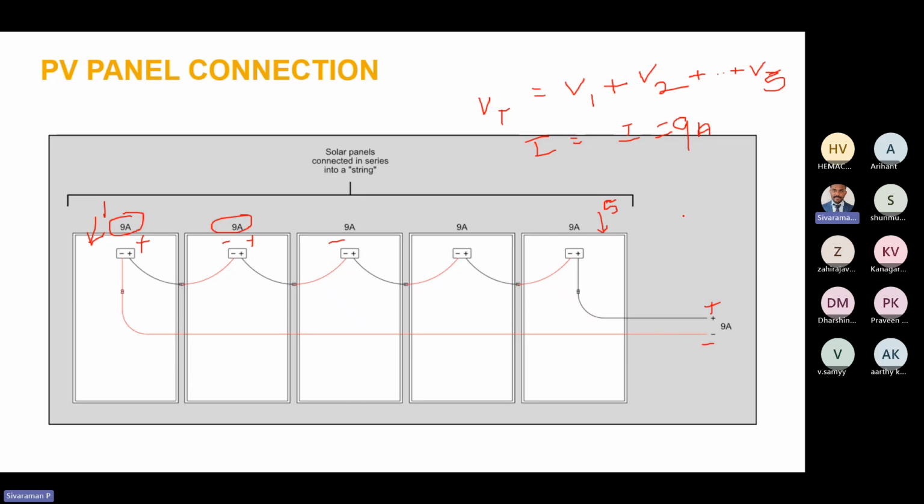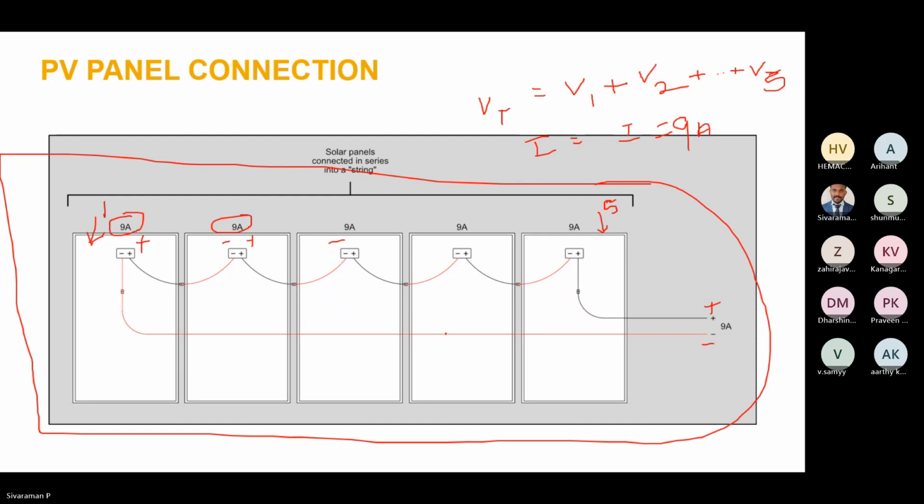Suppose you have 2 MPPTs. Then this will be string 1. Similar to that, we have to establish one more string and connect it to the inverter. So this output goes here. This will be string 1 and this will be string 2.